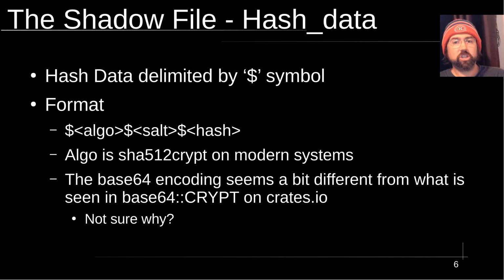So the hashed data is delimited by the $ symbol. Its format goes $algorithm used, $salt, $the resulting hash of taking the salt and the password. For the algorithm, the algorithm used on modern systems is now the SHA512 Crypt algorithm, and we see that as a $6.